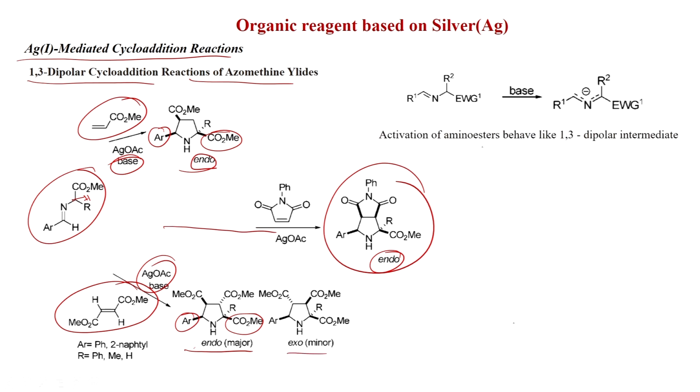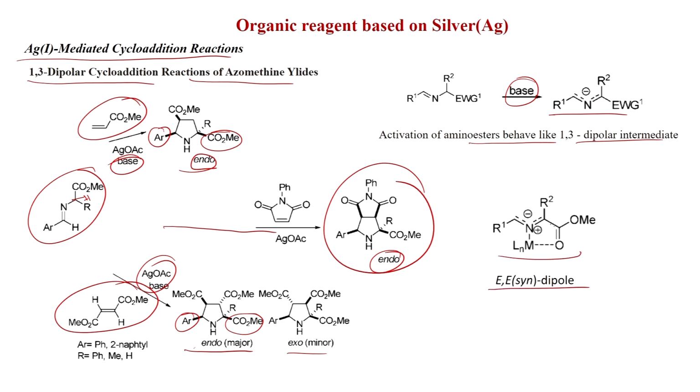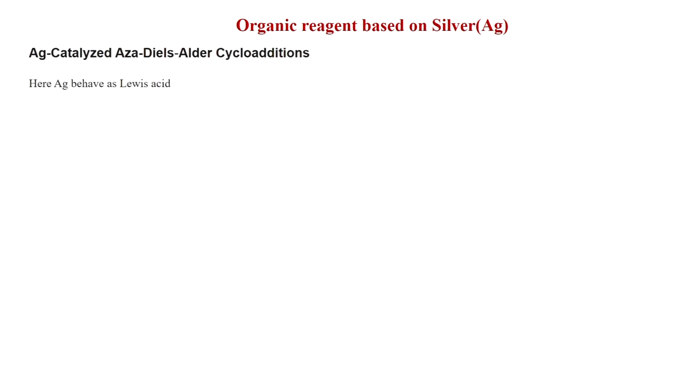And activation of amino esters behave like a 1,3-dipole. If you put base, then this dipole will form, and this dipole will interact with the silver, and this E-syn dipole will form, and this syn dipole then reacts with this dipolarophile to give this cycloaddition. This is also reviewed in Chemical Reviews 2008.